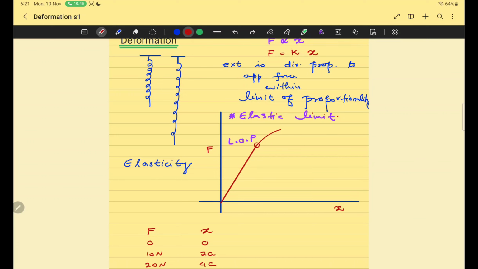But consider this is the maximum force up to which the increasing load graph and decreasing load graph are the same. But as you apply further force, now you have crossed this point and now you start decreasing load, then the graph is not the same. And if the graph of decreasing load is not the same, then this point is called elastic limit.